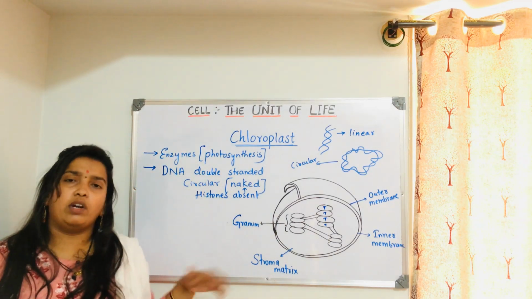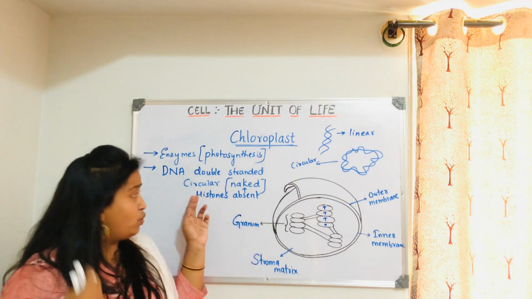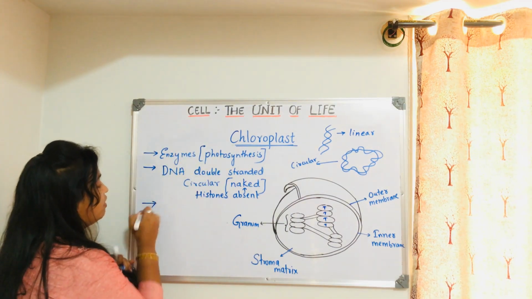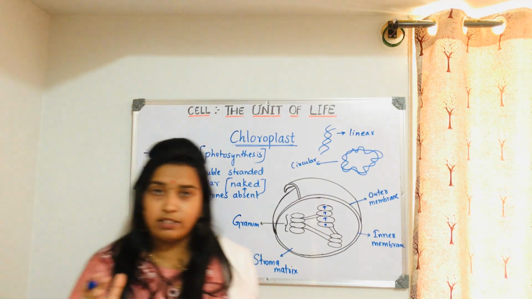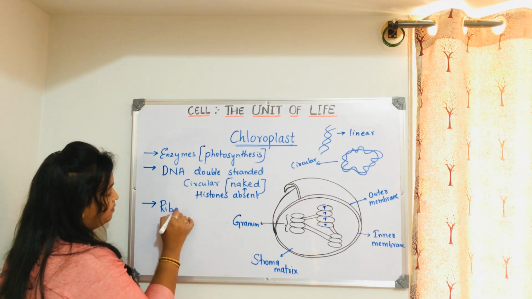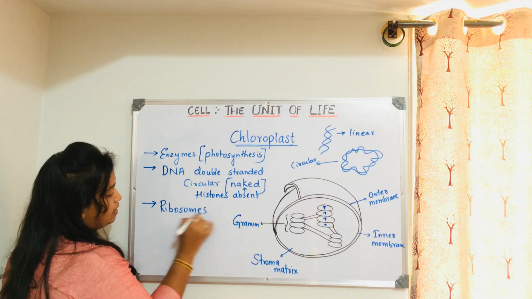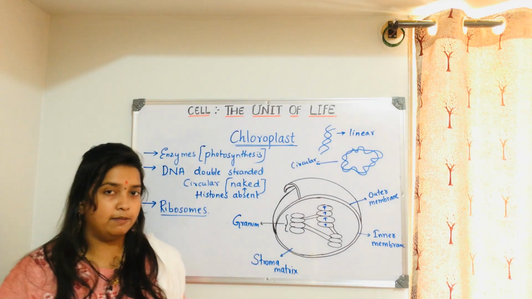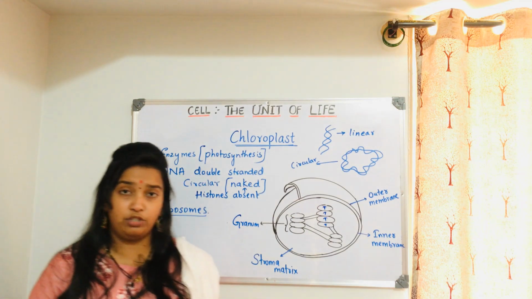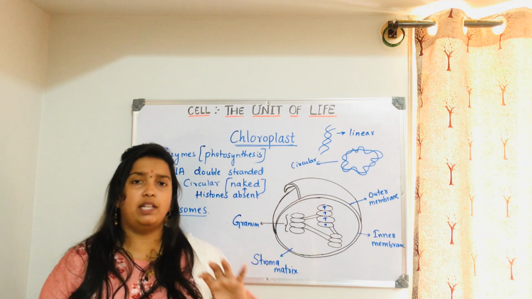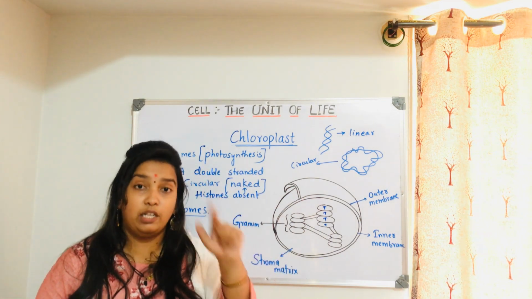The next question, what else is there in this? When it has its own DNA, obviously it will have some other things like the protein factories. Yes, they have ribosomes. Ribosomes are called protein factories, right? Because they help in protein production. Okay fine, we can remember ribosomes are there, but what is the NEET or CET question here?